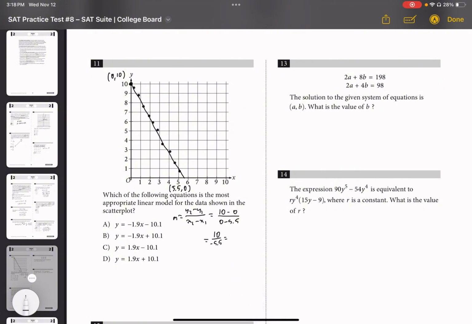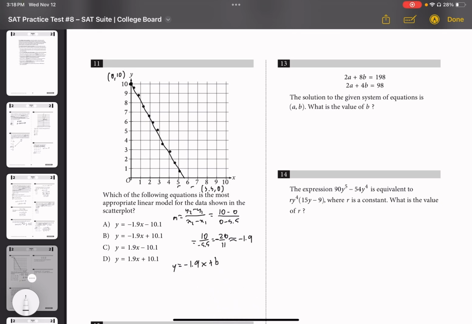If we multiply both sides by 2, we get 20 over 11, which is really equal to negative 20 over 11. And this is approximately negative 1.9. So with that said, we have y is equal to negative 1.9x plus b.